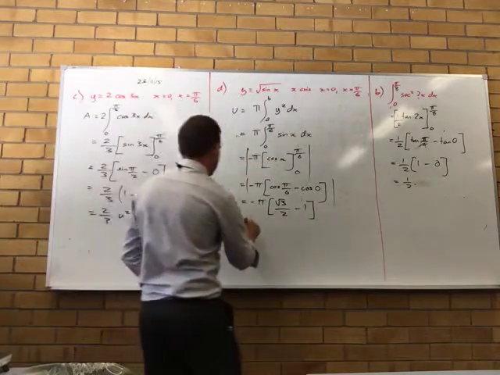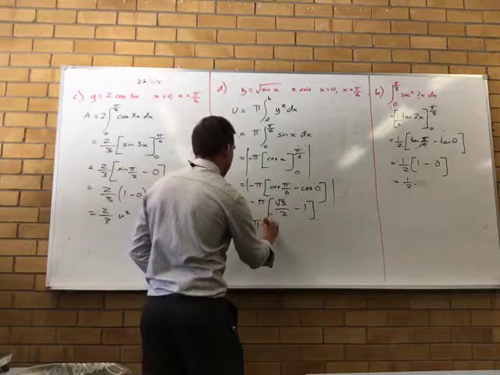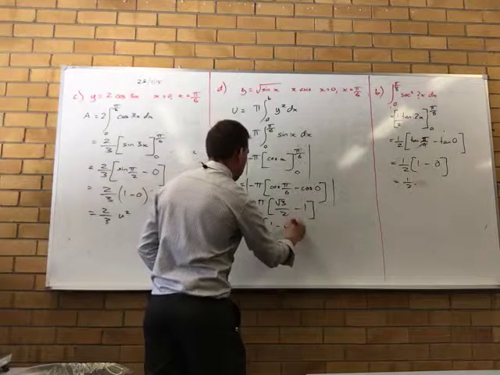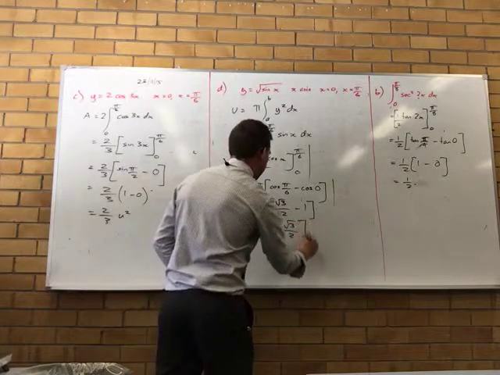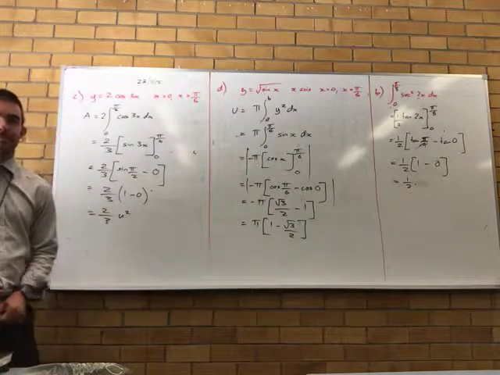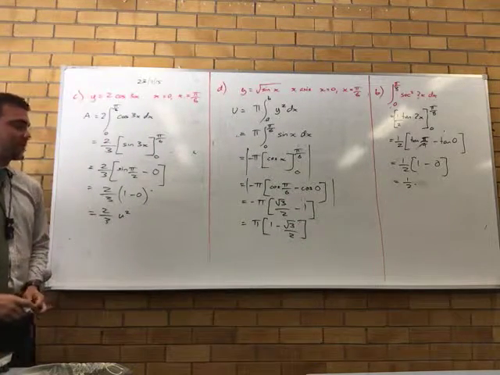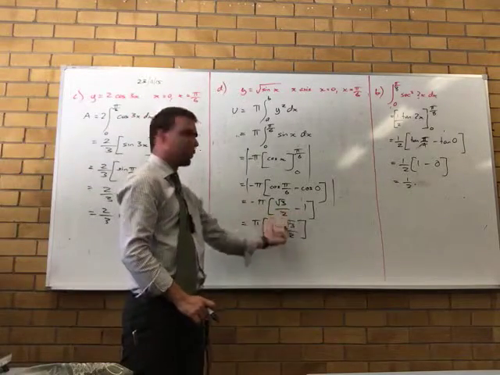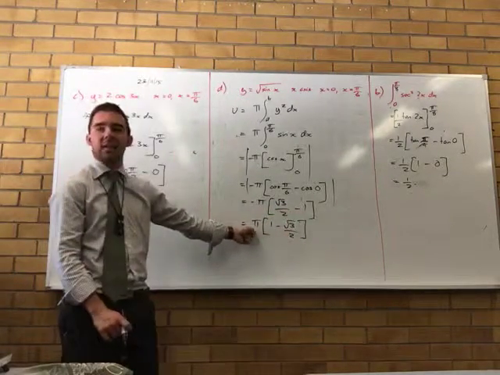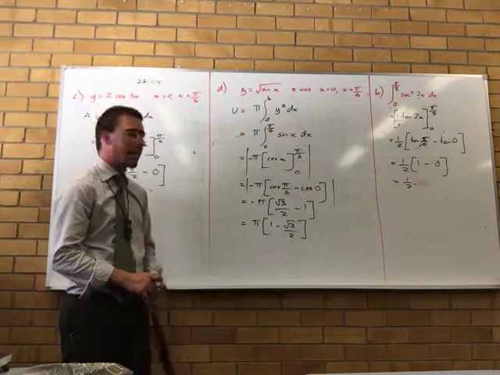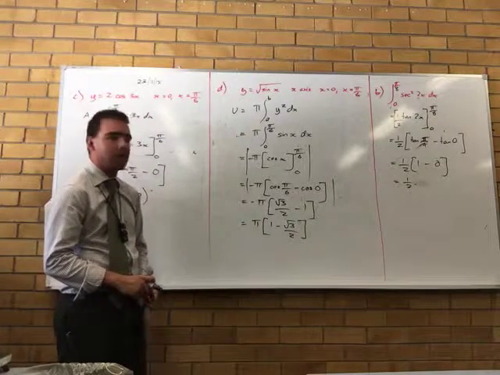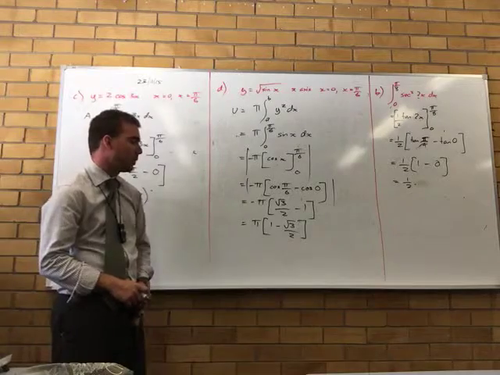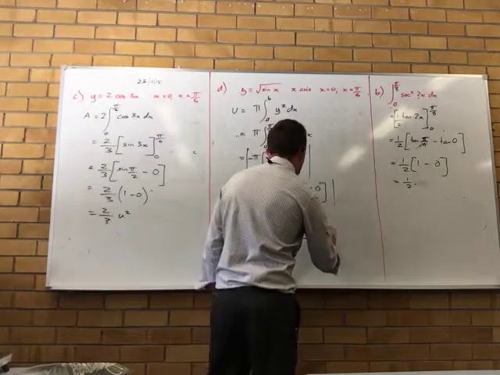So equals pi, also need to swap these two values around. Everyone work out what I've done. Because that's bigger than that, so if I swap it around and take the minus out of here, I've undone what I've done, and that will be my volume of revolution, in units cubed.